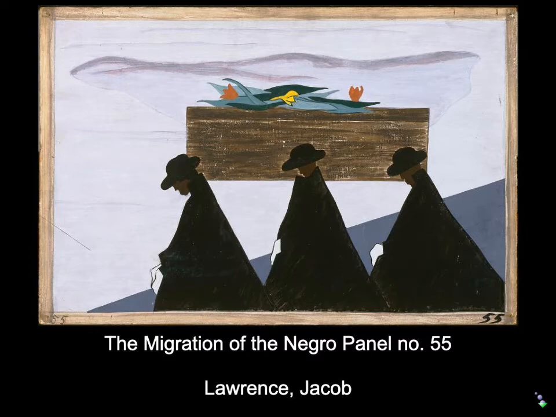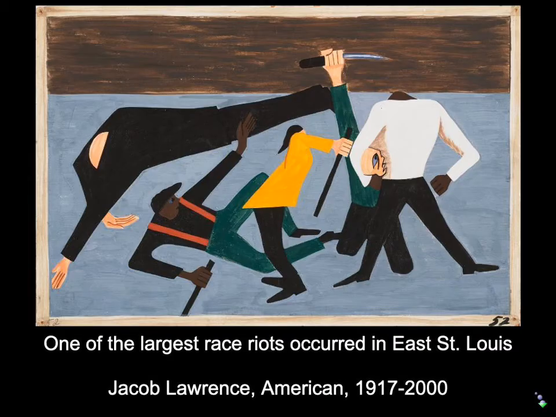Here is another panel, a funeral taking place. Or here another, one of the largest race riots occurred in East St. Louis because as people crowded into cities and there was a lot of poverty, then very difficult things began to happen, tensions grew up, and there were a number of race riots.